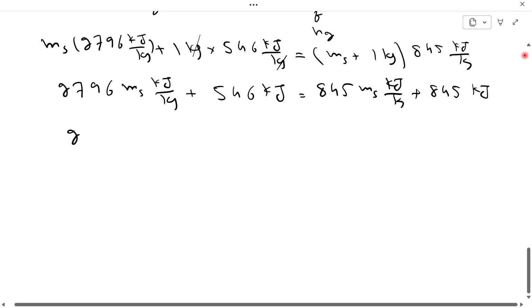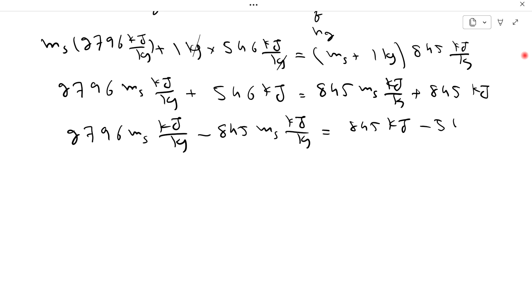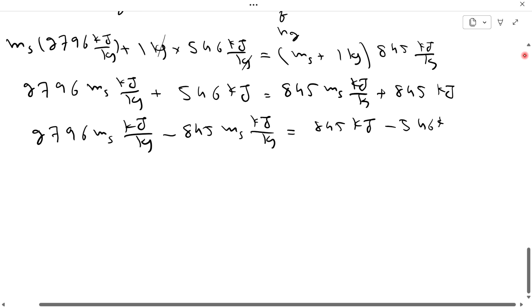So 2796 Ms, and writing this value on this side, this will be equal to 845 Ms kilojoule per kilogram, is equal to 845 kilojoule minus 546 kilojoule, and the other side will be minus 546 kilojoule.